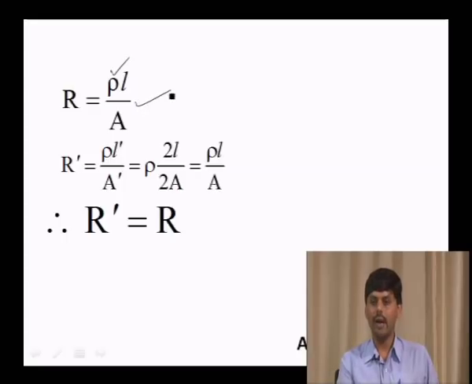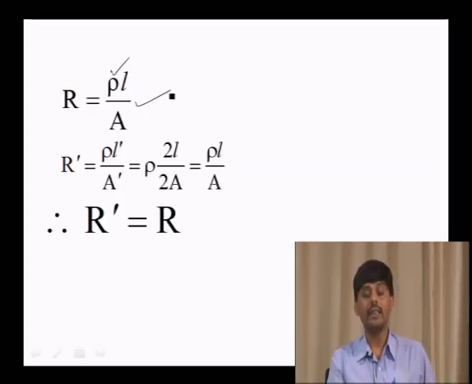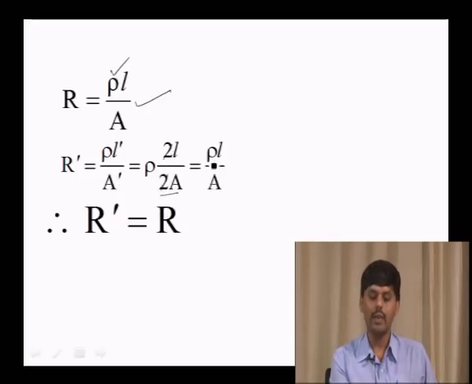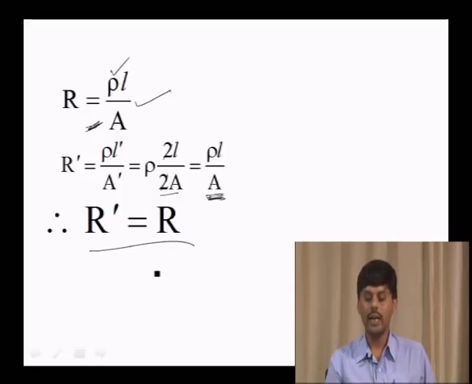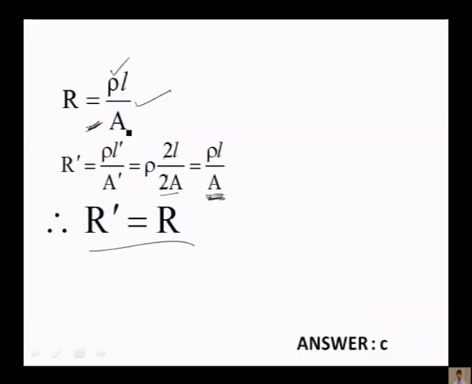Before the increase, R is equal to rho L by A. After increasing the length and area, we have R dash equal to rho L dash by A dash. Length increases by 2 times, that is 2L, and area increases by 2 times, 2A. The 2 gets cancelled, and we get again rho L by A. This is the value of R dash, and this is the value of R. They are one and the same. Therefore, the correct answer for this question is C, that is R.